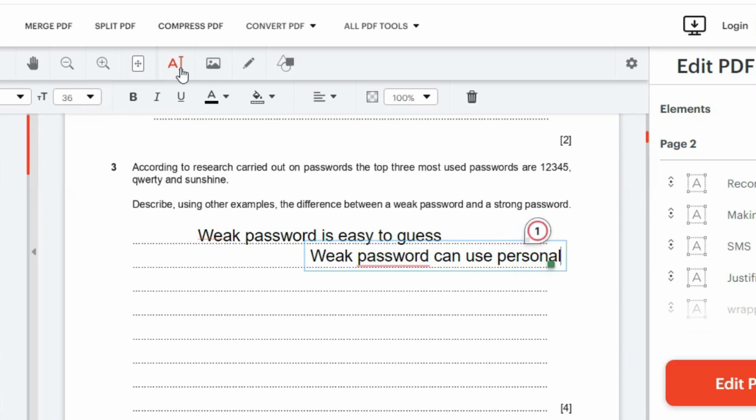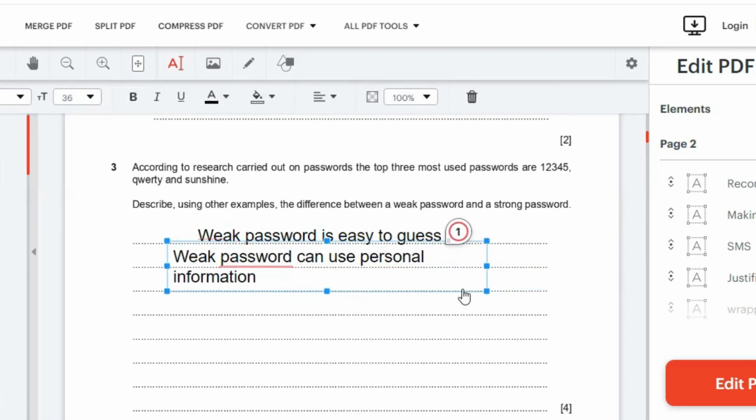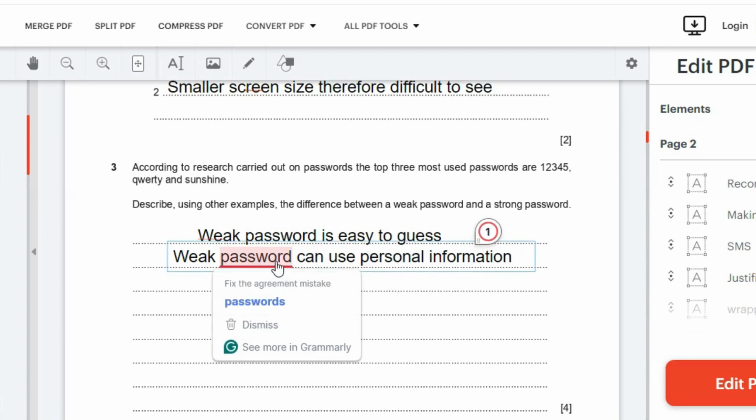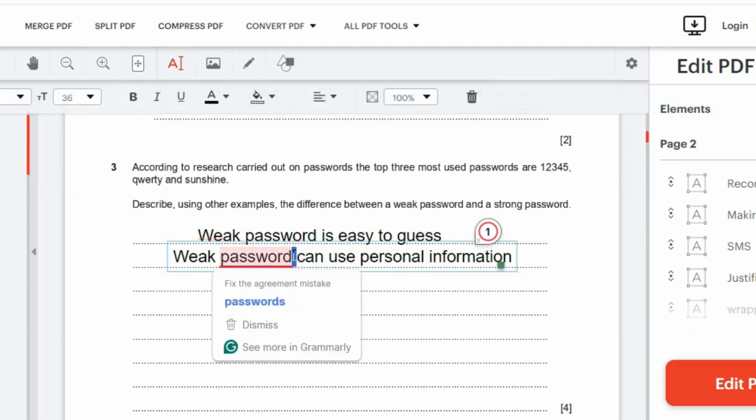Just like if you use your birth date as your password, those who know your date of birth can easily guess your password. That's an example of a weak password, making use of your personal information, or the day you gain admission into secondary school, or the name of your favorite teacher, and what have you.